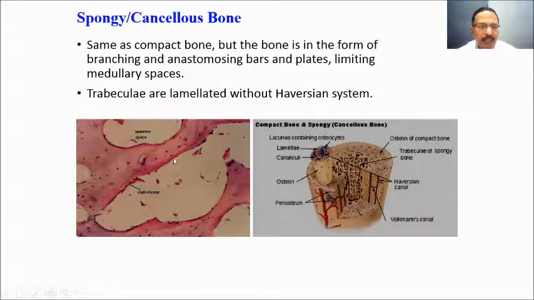Such interconnecting trabeculae, if very big, may have some Haversian system there. Otherwise, usually in the bony trabeculae, Haversian systems are absent. They will be present as bony lamellae, or sheets of bone, which are interconnecting and anastomosing.